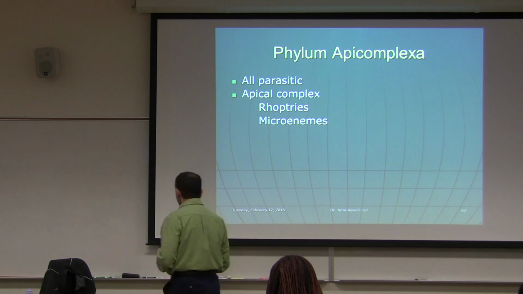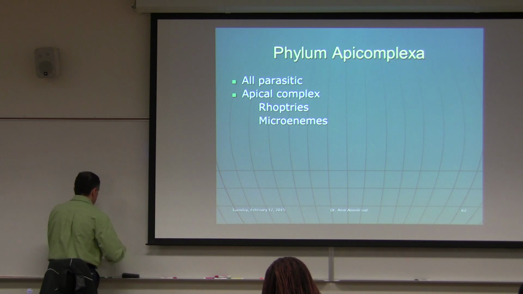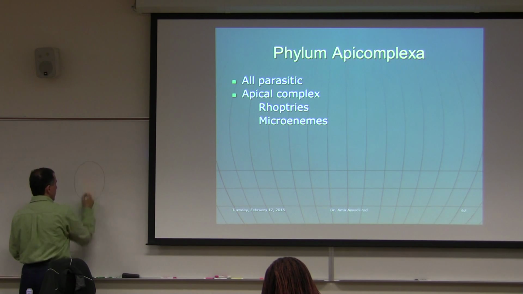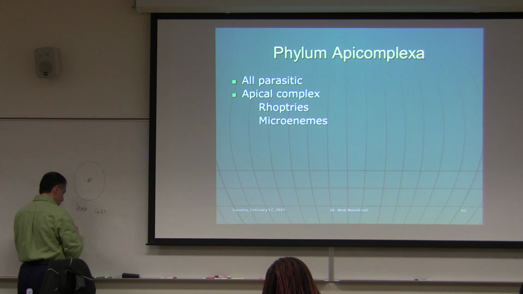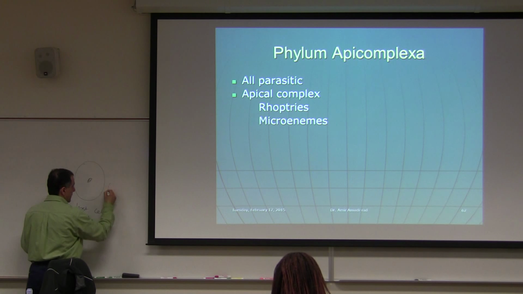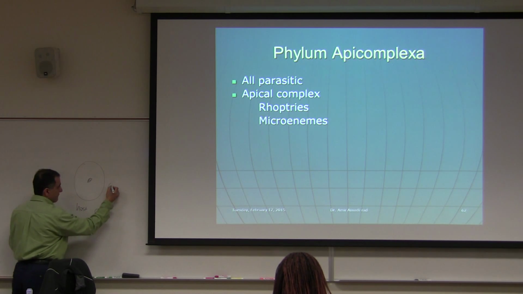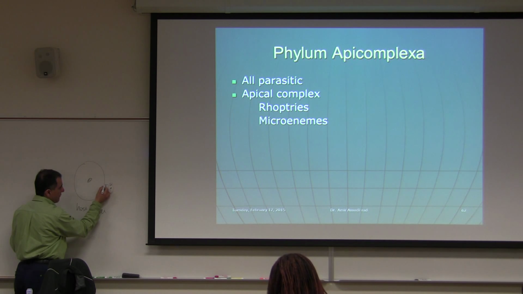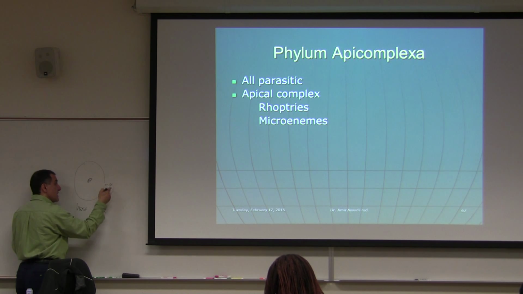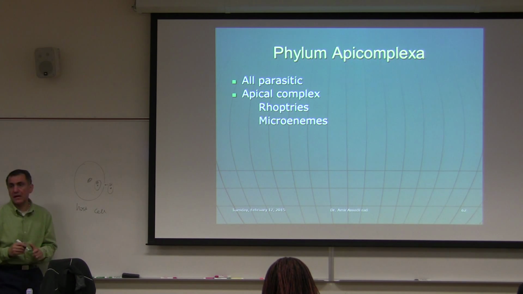So if you have a host cell here, for example, and then you have this parasite here, they have this organelle, they release some kind of enzymes or molecules to digest away the cell membrane, so the parasite can enter the host cell.